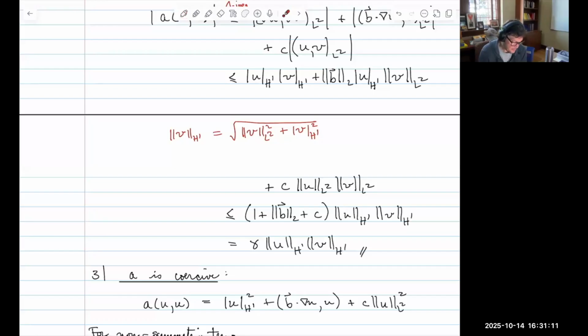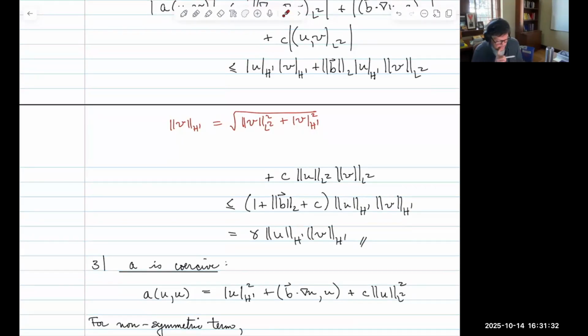So certainly this will control the L2 norm of V, and it will also control the H1 seminorm of V. Both of those norms are already in there. So it's easy to replace this and this with their larger norms, that is the H1 norm of U and the H1 norm of V. And similarly there, and here, I just replace that with a larger object, namely the H1 norm of V.